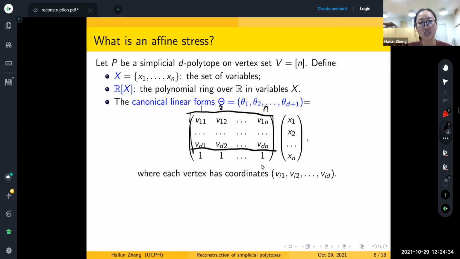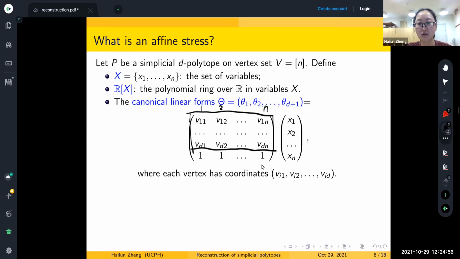This is just this matrix together with one additional row of ones, times x1, x2, all the way to xn. So now I can write down explicitly what these canonical linear forms theta 1 all the way to theta d plus 1 are.